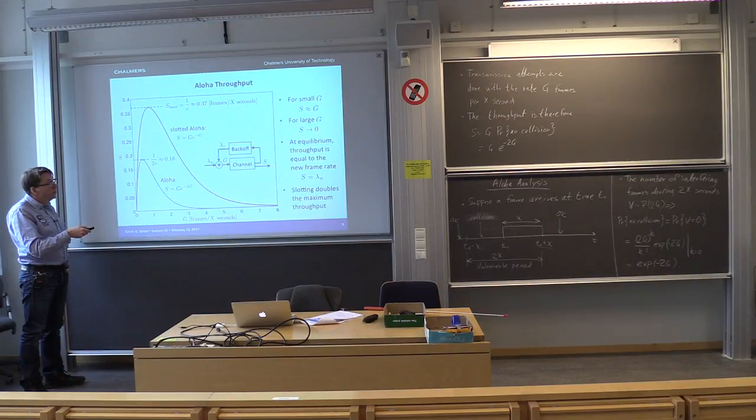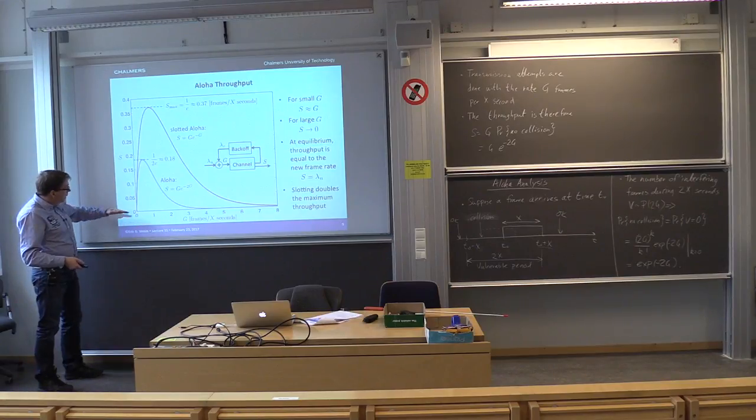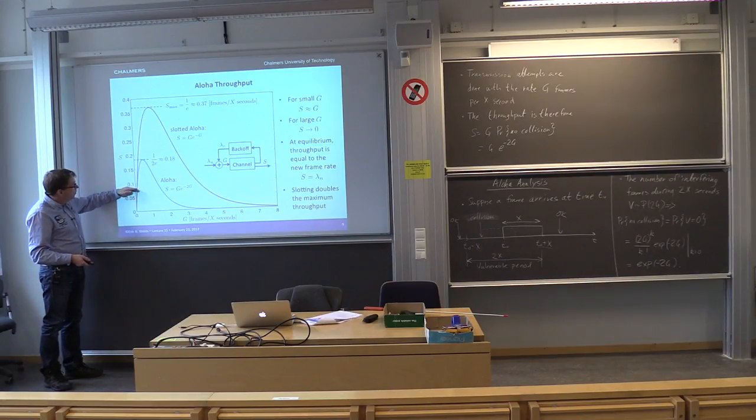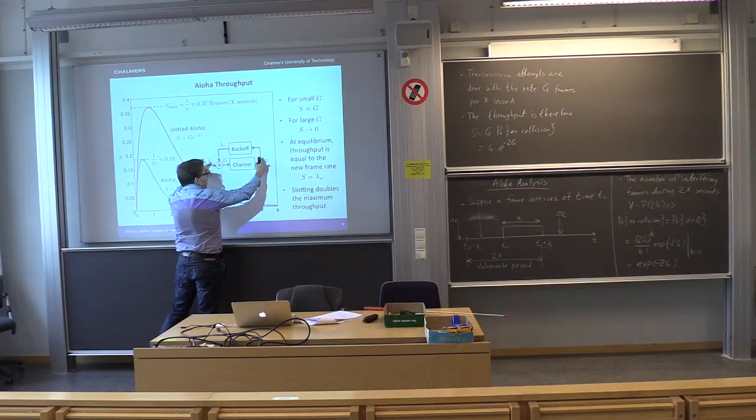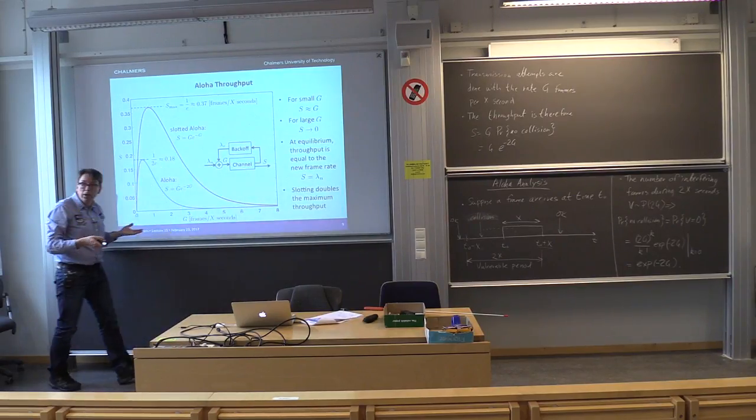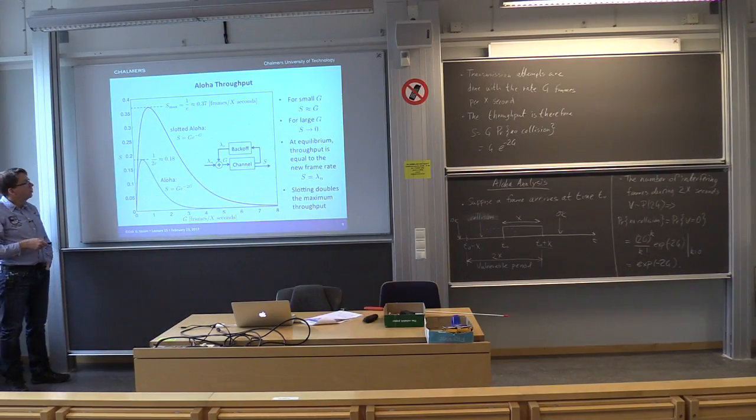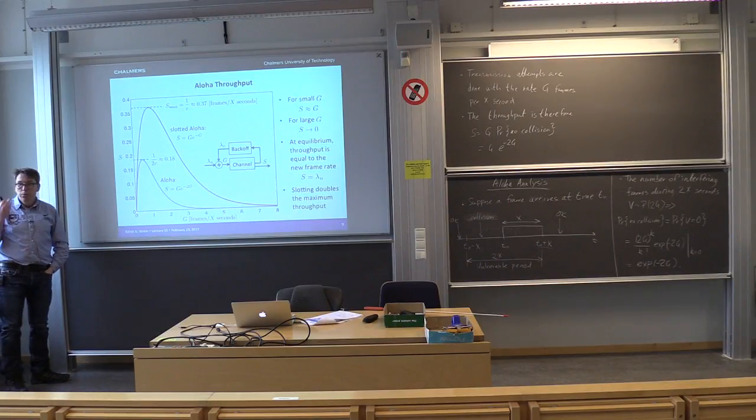At equilibrium, the throughput is equal to the new frame rate. So at any point on this curve, if we are stable, not moving up and down due to the dynamics, then S here is also the rate that goes in. So S and lambda are the same in equilibrium. We are interested in maximizing throughput, and we do that by pushing more and more frames into the system until we peak here.